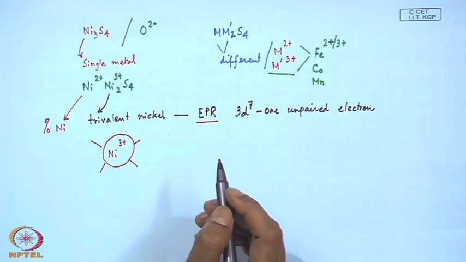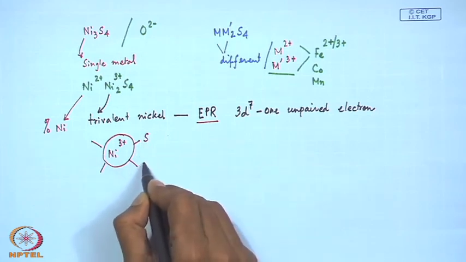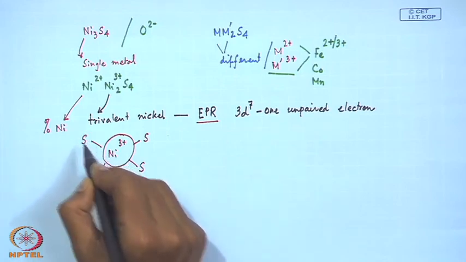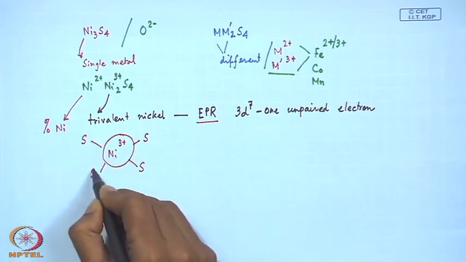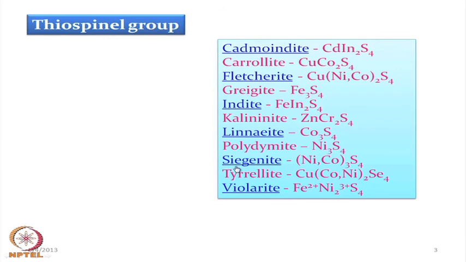It can be a thioether sulfur or it can be thiol sulfur. So, in a sulfur environment, this nickel can be stabilized in its trivalent state. After polydymite we can have siegenite. Siegenite is again nickel and cobalt present, and depending upon the corresponding oxidation state, if the nickel is in the bivalent state, we have two cobalt centers.